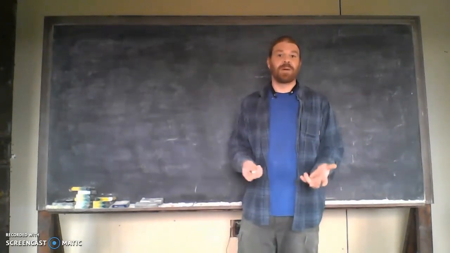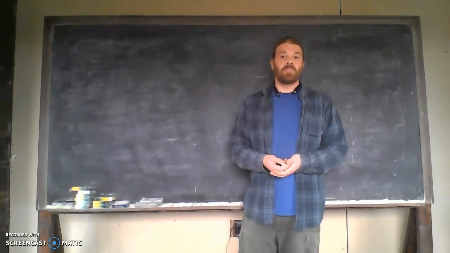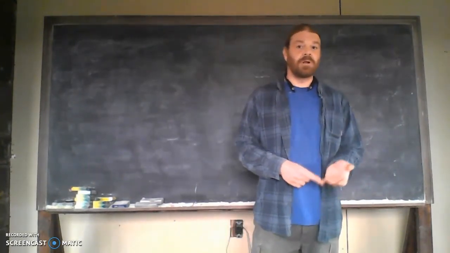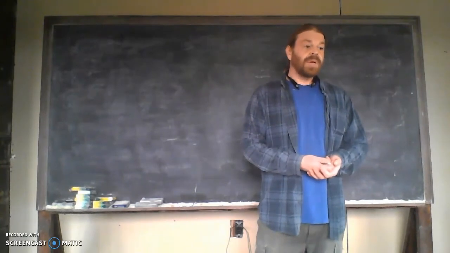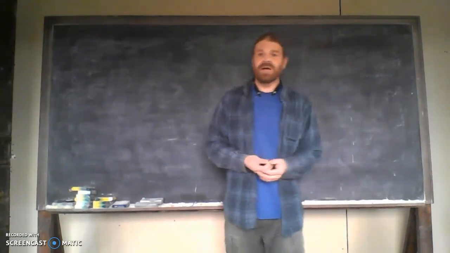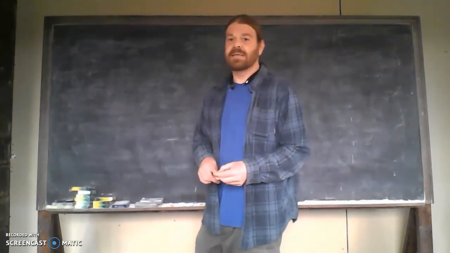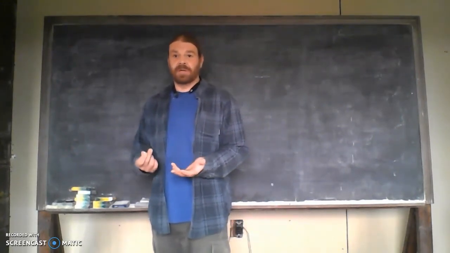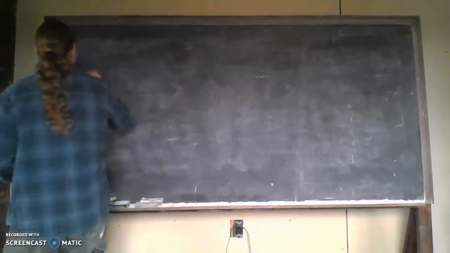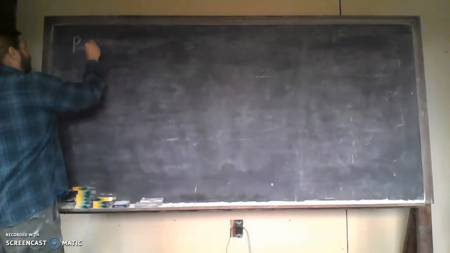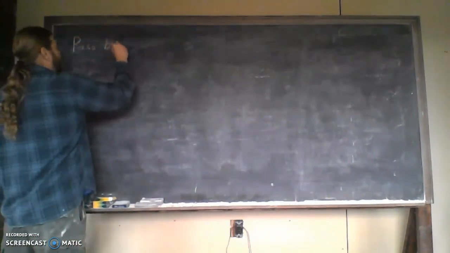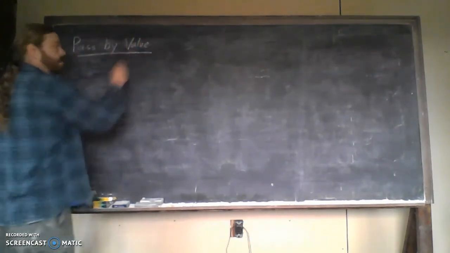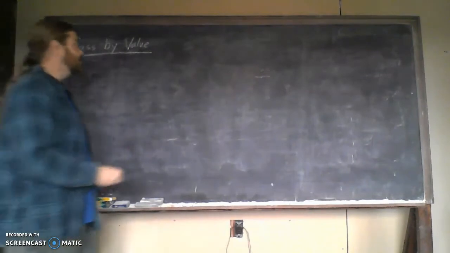So the method accepts parameters, and we pass in arguments to fill those parameters when we call the method. And there's basically three ways that we can pass arguments to a function. Pass by value.